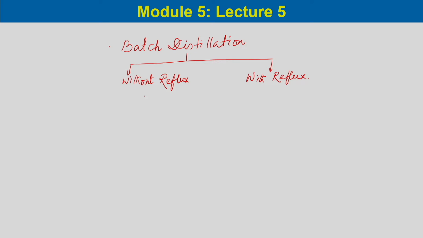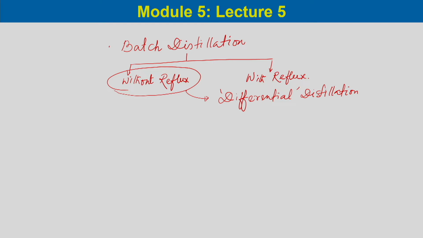We considered in our previous lecture only batch distillation without reflux, which is also termed differential distillation. This batch distillation has huge applications as we have discussed, and we have solved how to calculate the different compositions in case of batch distillation.